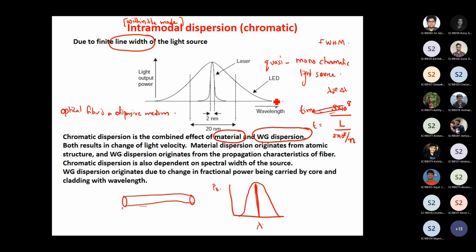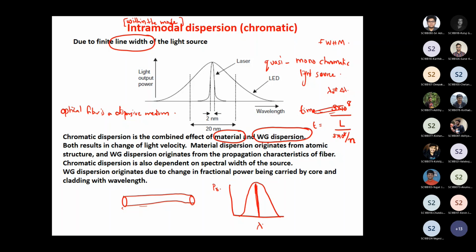Though we have studied that a laser is a monochromatic source, in fact, it's not really monochromatic. It always has what is called a finite line width. There is always an associated line width with an optical source, whether it's a laser or an LED. For a laser, it's much narrower, but for an LED, it's much broader.